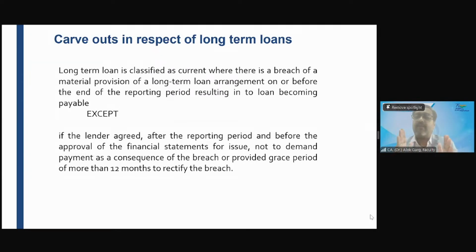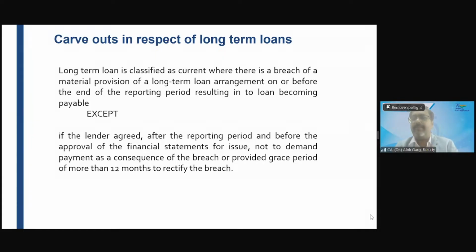But before approval of the financial statements, let's say in the month of May, the company spoke to the bank and the bank agreed, okay, I'll not demand payment, I'll go by the old terms. In IFRS, this event is treated as a non-adjusting event. In Ind AS, we said that we will treat this event as an adjusting event, because the actual nature of the loan was a non-current liability.